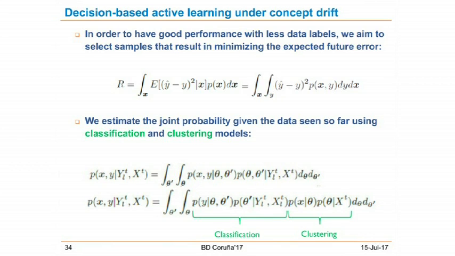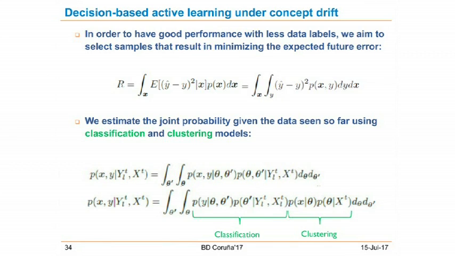So what we said is that we developed some decision-based active learning using the prediction error. So we would like to find the data point that allows us to minimize the expected future error. And as you will see, I'm not going too much into the details, but if you try to model this risk, you would like to predict the joint probability of input and output given the set of labeled points and the full data, labeled and unlabeled.